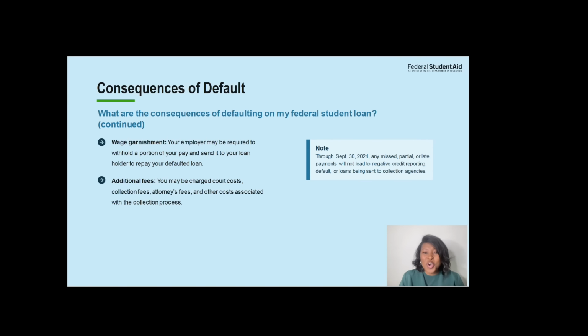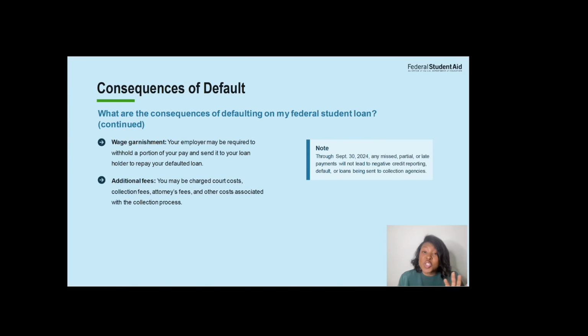Now, it's important to note that this program is only eligible through September 30th. So it's really important to know that right now we are in a period where there are no consequences to being in default. And this is why it's so critical for you to be on this webinar today.